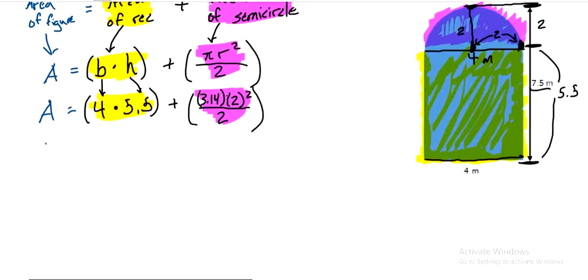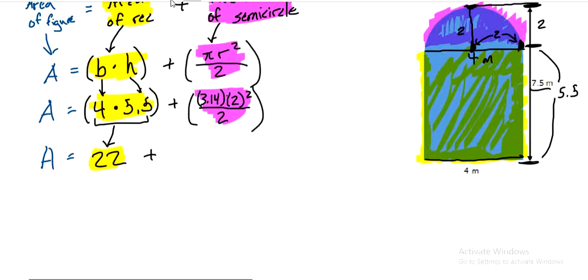All right, so our rough draft is cleaning up. Now we just have to actually solve what's in there. So first, 4 times 5.5 gives us 22. So we'll put a 22 there. So 22 is the area of the rectangle.